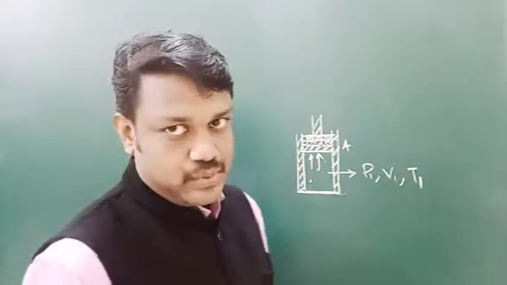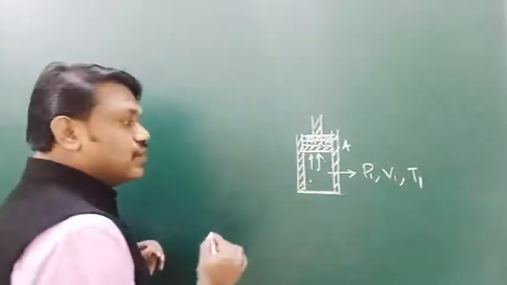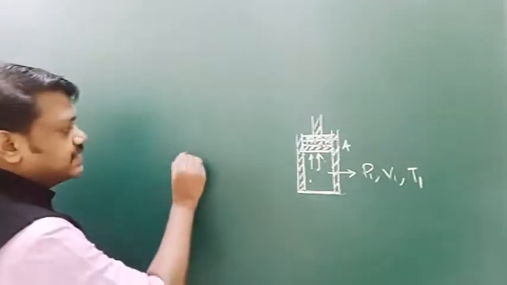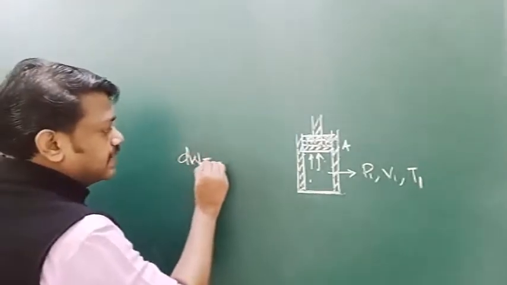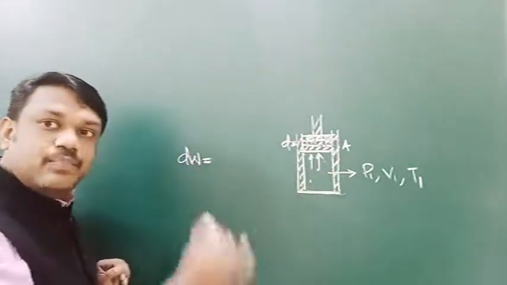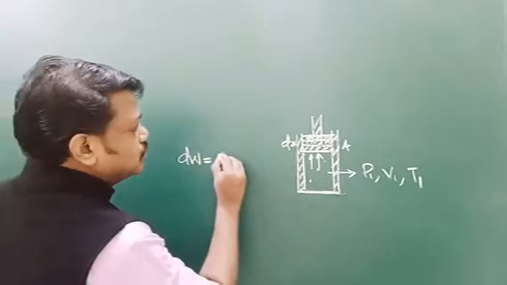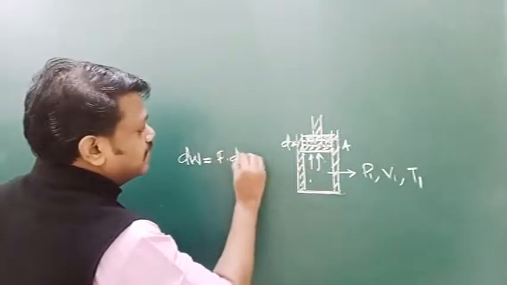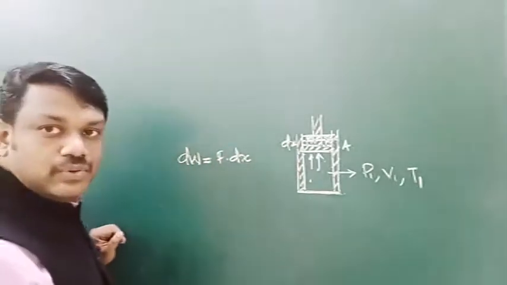How much work is required? You can calculate the work done as dW for a small displacement. Suppose it moves a small distance dx upward. So dW is equal to F into dx.